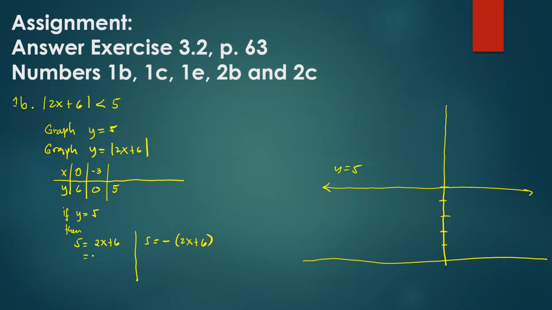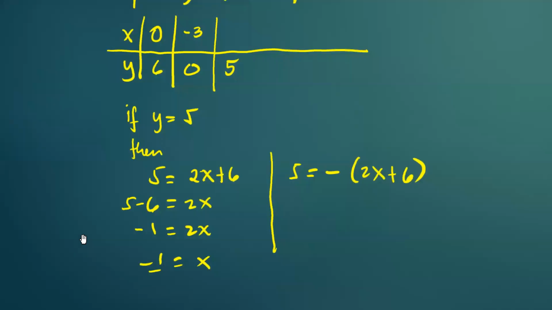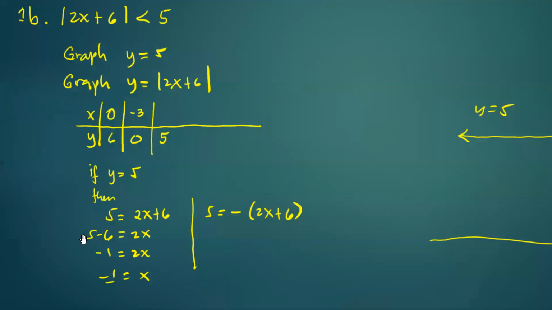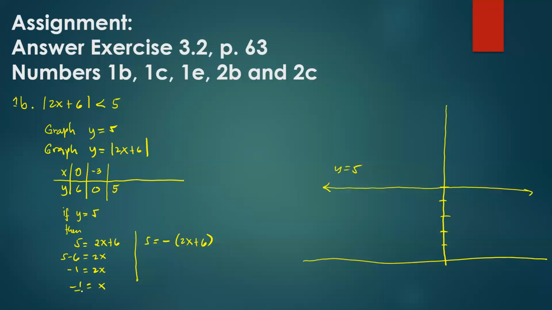Okay, so this is 2x, 5 minus 6, or that is negative 1, 2x, or that is x is equal to negative 1/2.